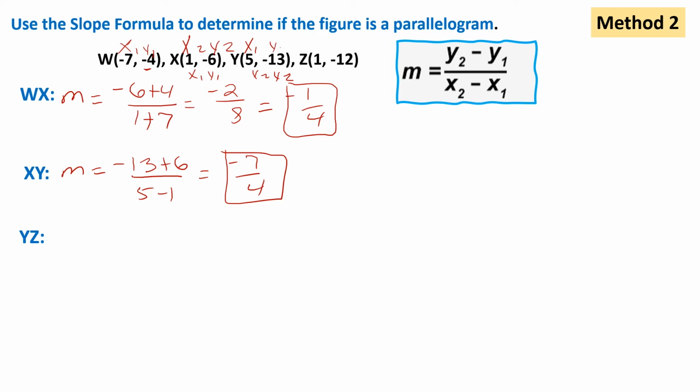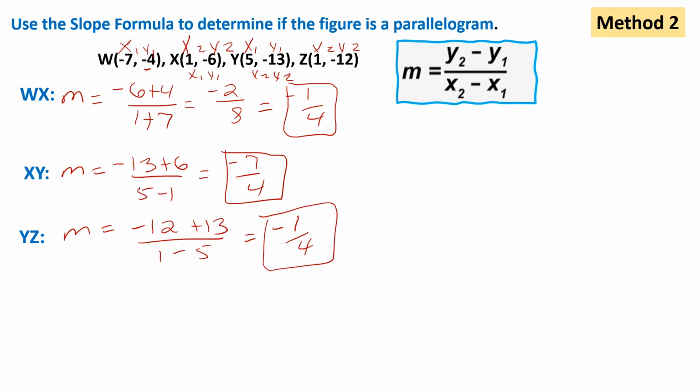X1, Y1, X2, Y2. So that would be M is equal to negative 12 plus 13 over 1 minus 5. Simplifying, I get negative 1/4. Because 1 minus 5 is negative 4. So negative 1/4.